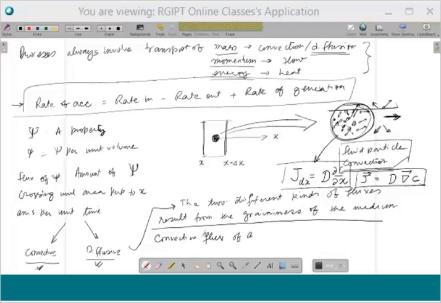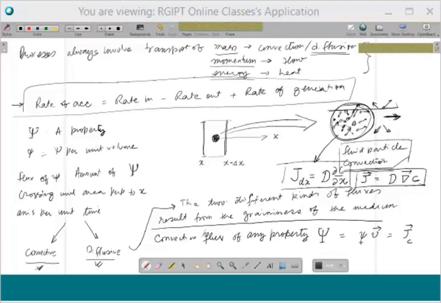The convective flux of any property, given by the property capital psi, is given by the corresponding small psi times the velocity vector at that point. That would be your convective flux, which I'm going to call J sub C. C stands for convection.